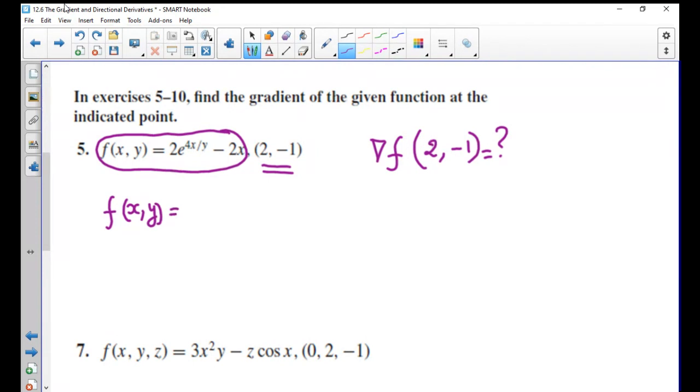Find fx, fy, and then substitute. Exactly. That's all you need to do, except that here finding the partial derivatives may be a bit tricky. We need to use the chain rule. So we need fx.